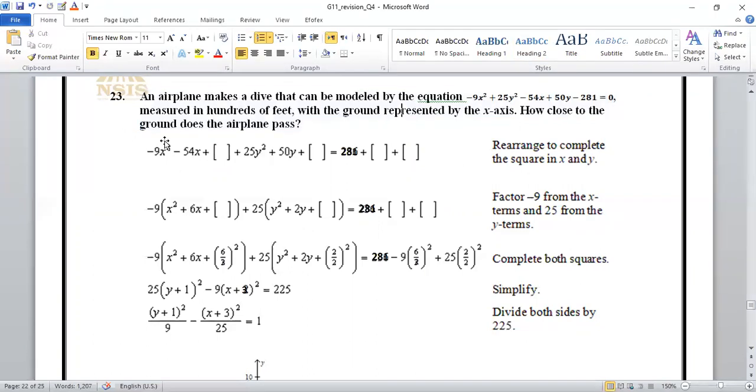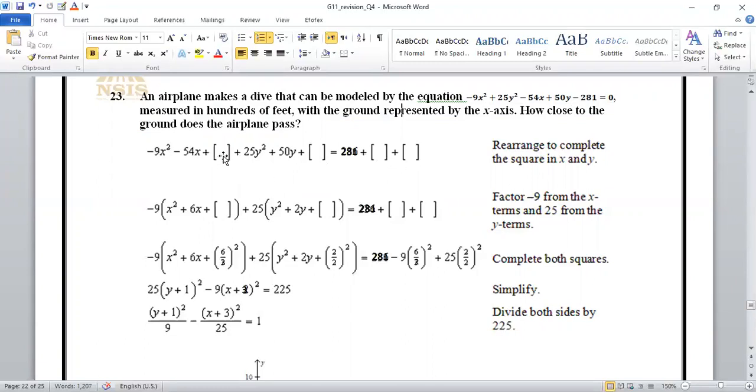Okay, first we rearrange to complete the square in x and y. Okay, -9x² - 54x plus a constant, we will put it later, plus 25y² + 50y plus another constant equals 281 plus the 2 other constants.